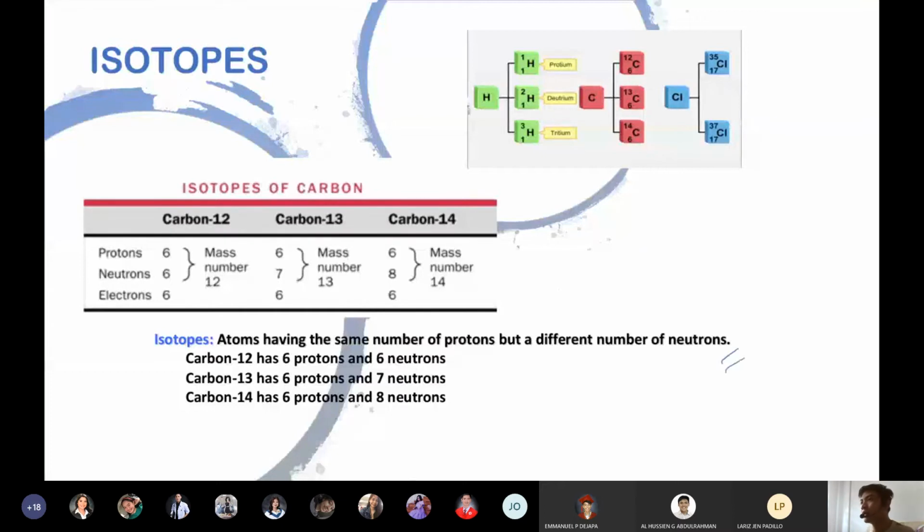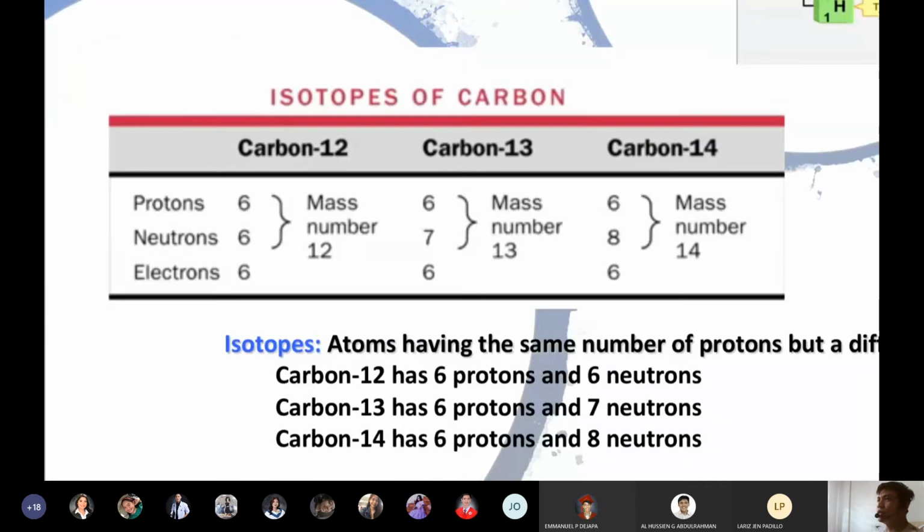So, let's take a look at carbon. Looking at carbon 12, so may proton siya na 6, no? That's fixed. But the neutron is 6, no? So, 666. Ay, demonyo pala to, no?